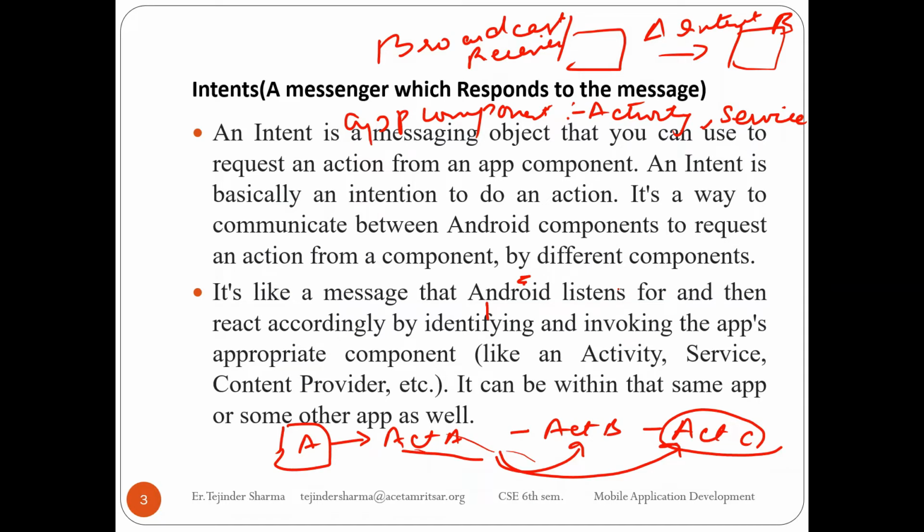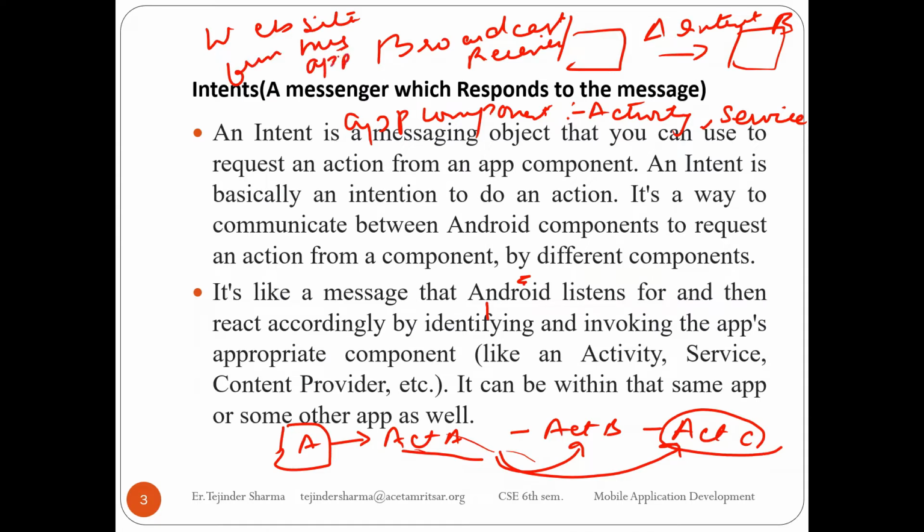So it is the way to communicate between the different Android components and to request an action from the components or by different components. Now, what is the action to be performed by different components? Suppose I want to open a website. Fine, I want to open a website from my app.